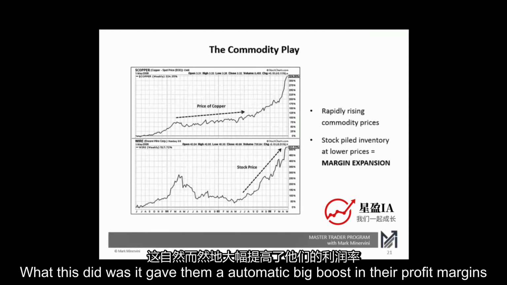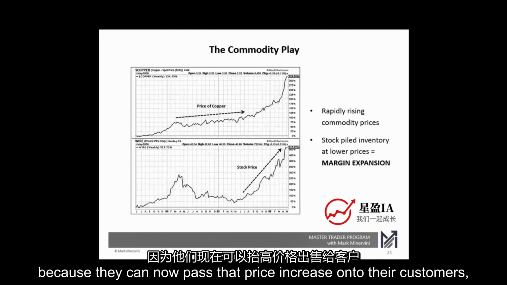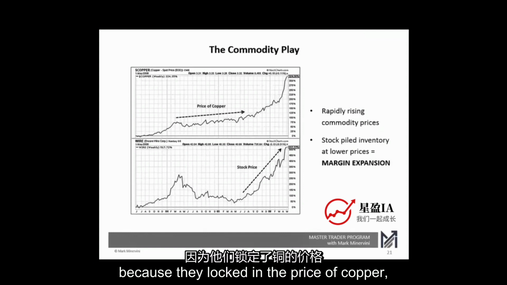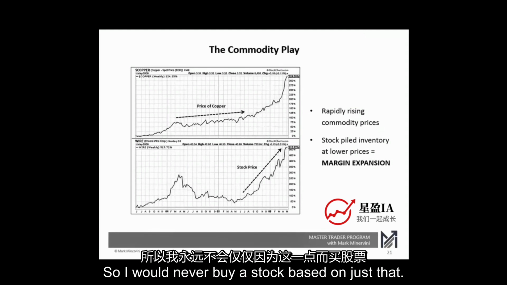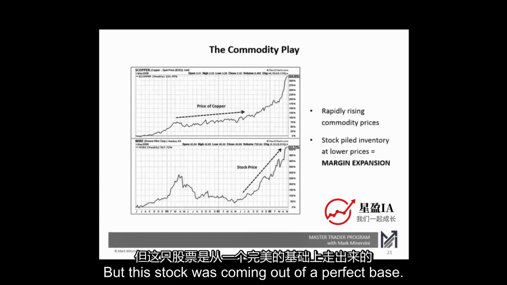What this did was give them an automatic big boost in their profit margins, because they can now pass that price increase on to their customers, since they locked in the price of copper. They already bought it and stockpiled it. I would never buy a stock based on just that. But this stock was coming out of a perfect base.